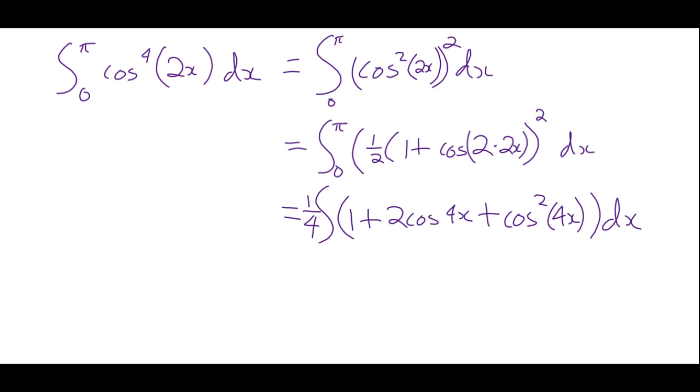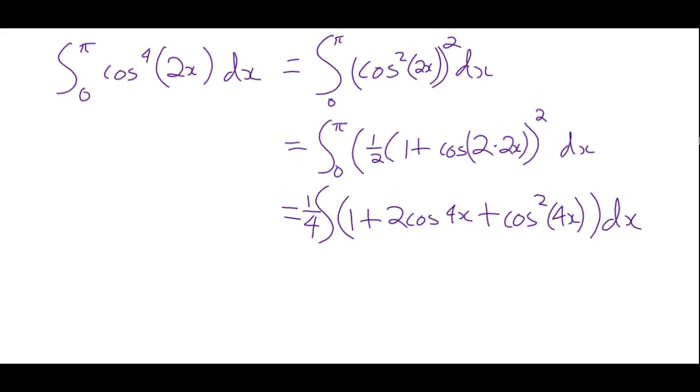So we got another one of these cos squareds with something in here. Well, what do we do with the cos squared of something? We go a half of 1 plus the cos of double whatever's in here. So in this case, cos squared 4x is going to be replaced with 1/2 of 1 plus cos 8x.